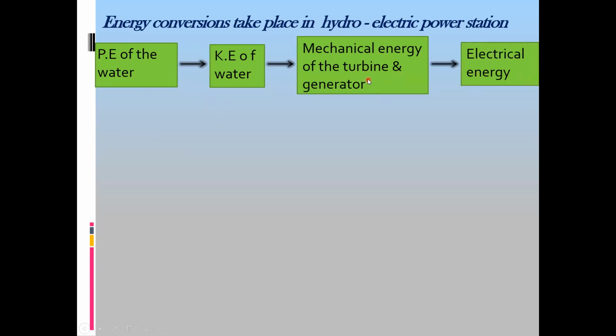And then from the generator it produces electrical energy. So this is the energy change. Potential energy of water changes to its kinetic, and then kinetic energy changes to, you can also write here, kinetic energy of turbine and generator. And when the turbine rotates, it rotates the generator coil which produces electricity.